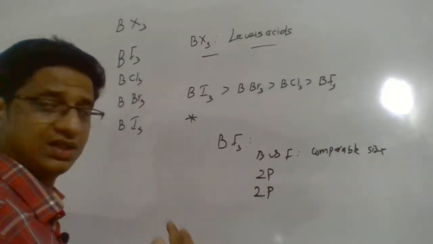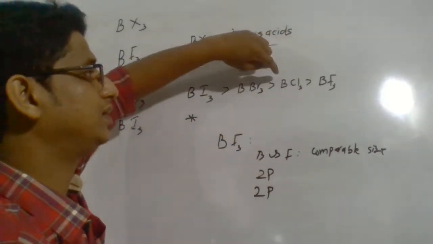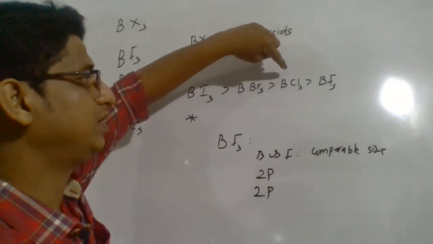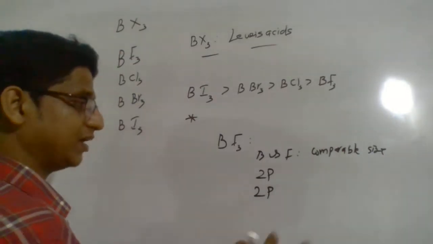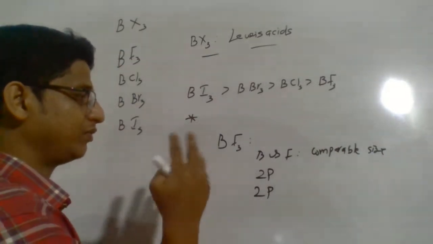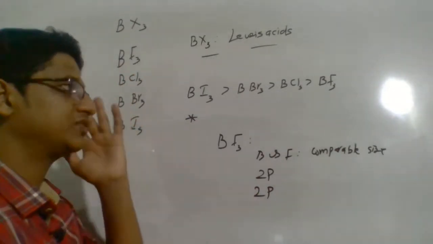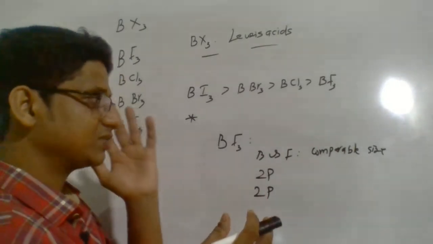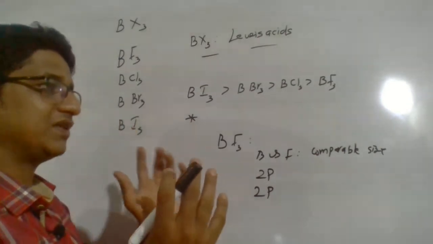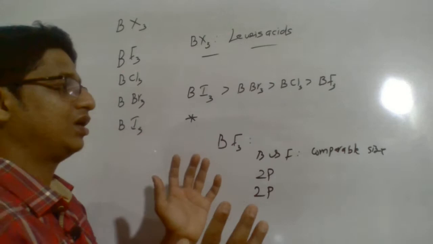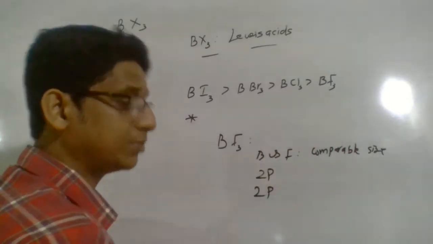So the electrons are present in the same orbital in boron fluoride, while in BCl3 they will be in 3p, in BBr3 it will be 4p, then 5p, etc. In boron the empty orbital is 2p, while as we move down the energy difference between the orbitals increases. This means no real overlap is possible in boron iodide compared with boron fluoride.